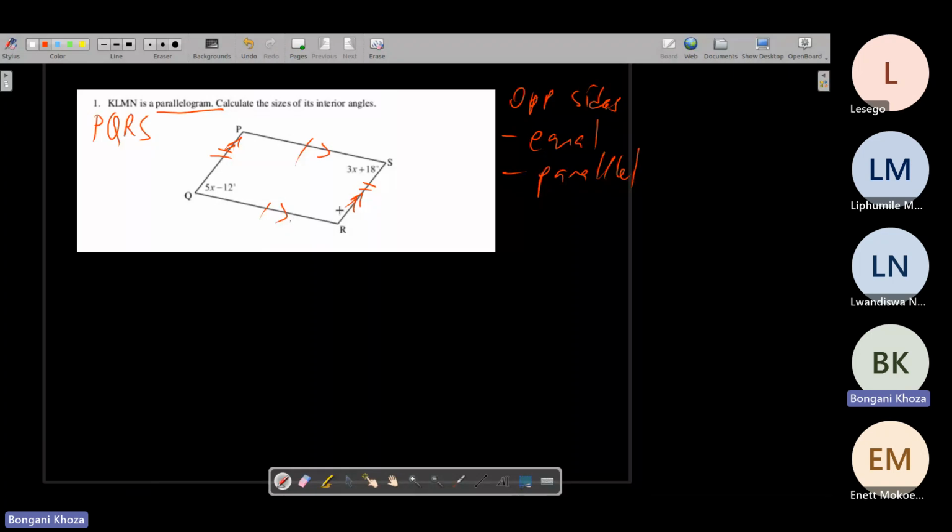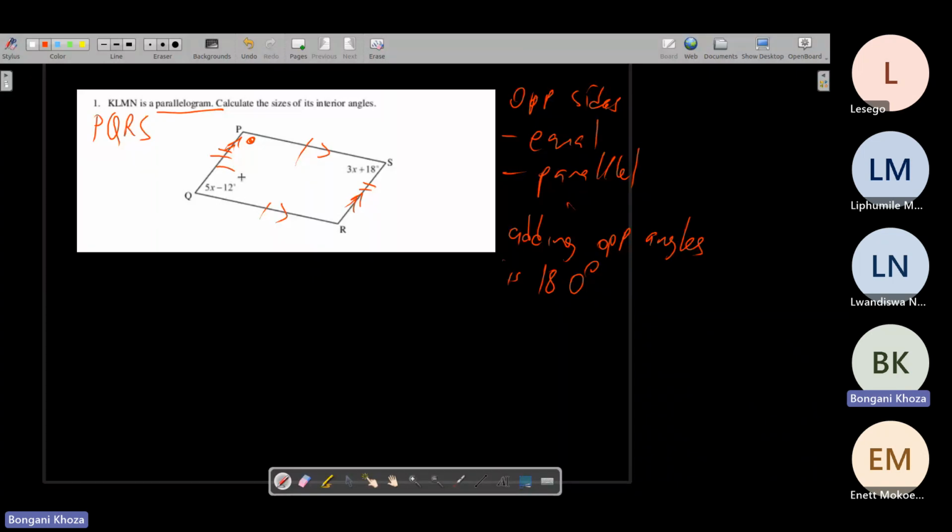Another thing, if those are parallel, we have co-interior angles to deal with here. So if I add that angle and this angle, I'm supposed to get 180 degrees.